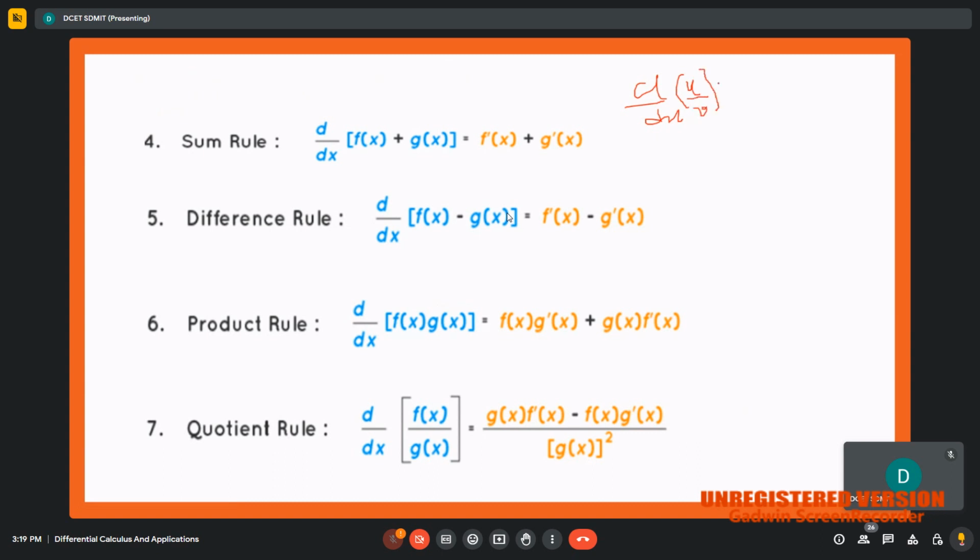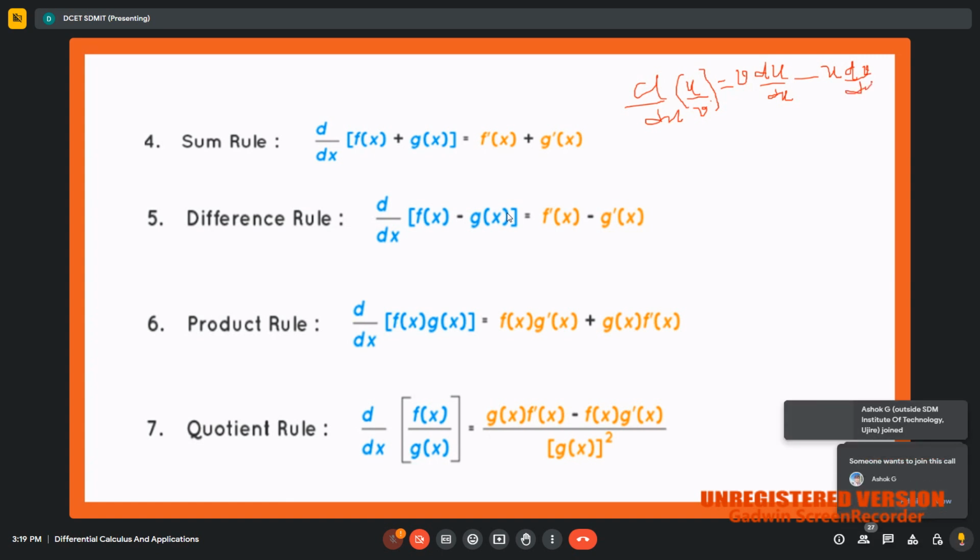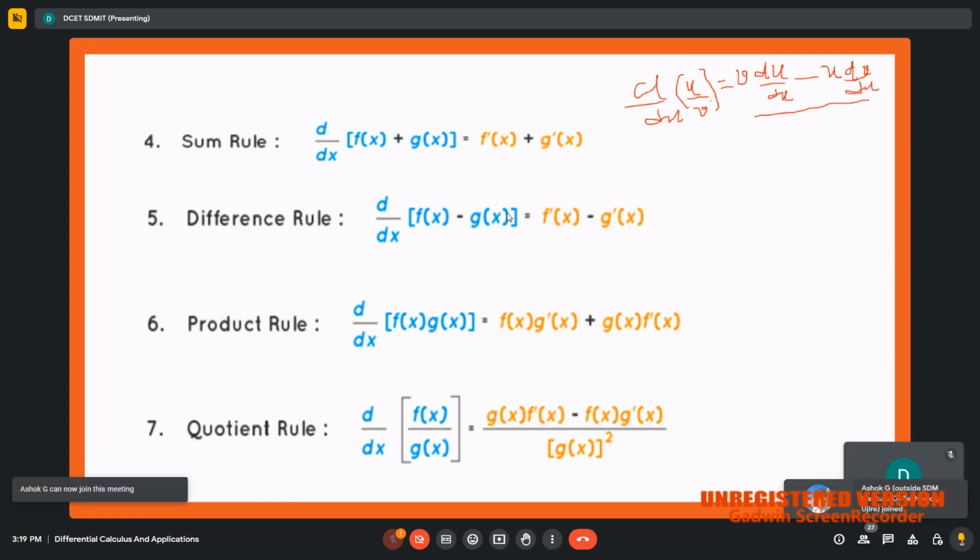Remember what to do here: the denominator term you first keep constant, v into differentiation of the numerator term, that is du by dx, minus, second, you keep the numerator u constant and take the differentiation of the denominator, dv by dx, divided by denominator whole square. What is the denominator term? Here v is there, v square. This rule is the quotient rule.